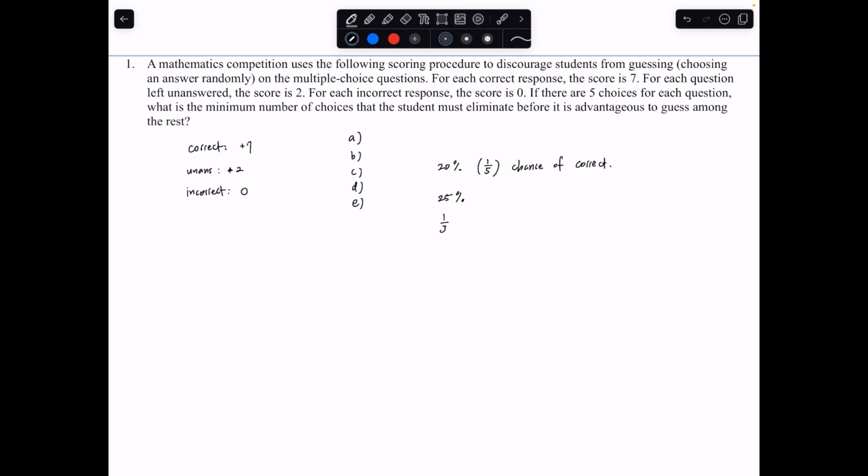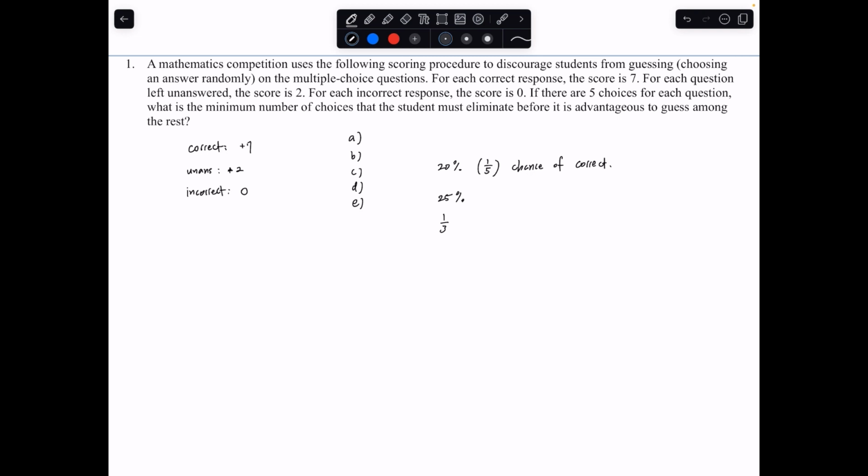So as we eliminate the incorrect answers, our risk goes down, right? So there's a certain point where guessing becomes a lot more strategic than leaving it unanswered. So that's the question. Basically this covers the concept of expected value.